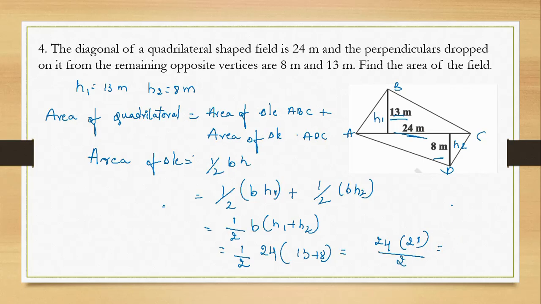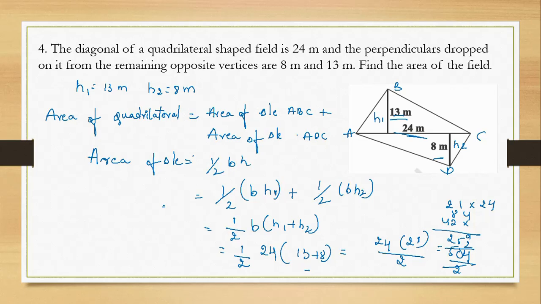21 into 24, that is 504, divided by 2, that will be 252.